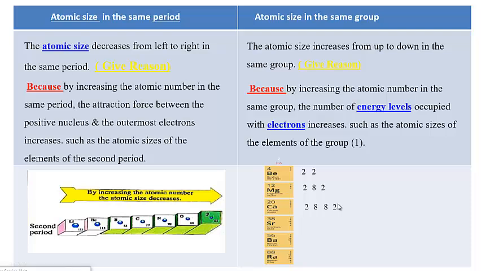By increasing the atomic number in the same group, the number of energy levels occupied with electrons will increase. Then the atomic size in the group will increase.